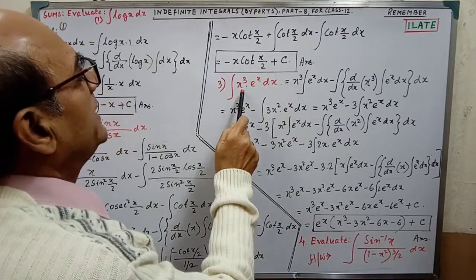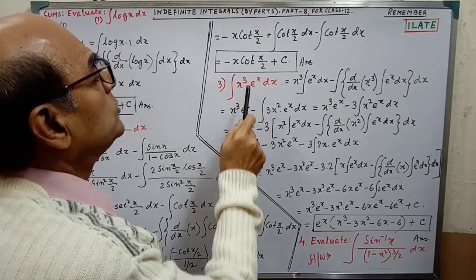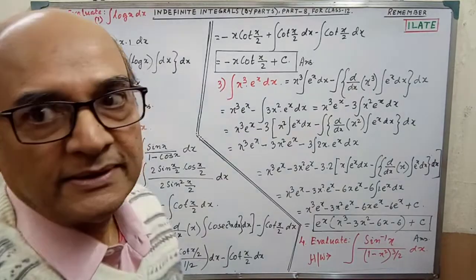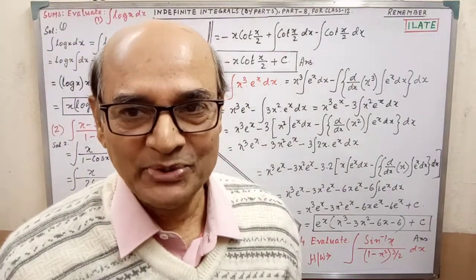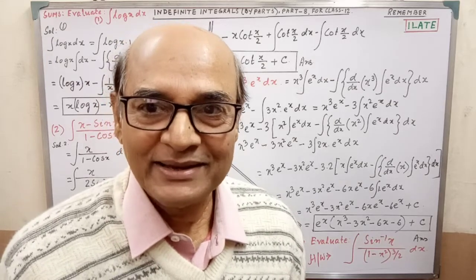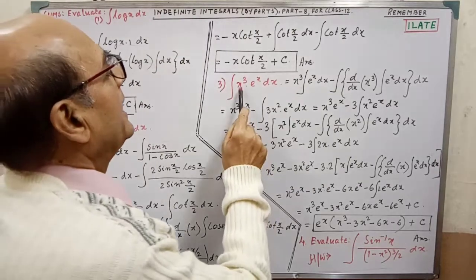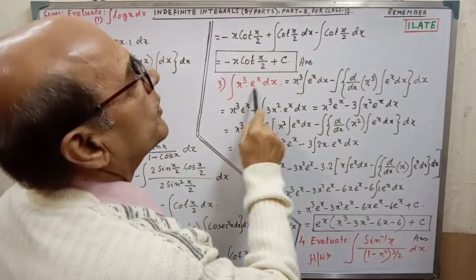Next sum, that is 3 x cube into e to the power x dx. Here you have to notice how many times we have to apply the same formula. Please pay your full attention. This is algebra, this is exponential.